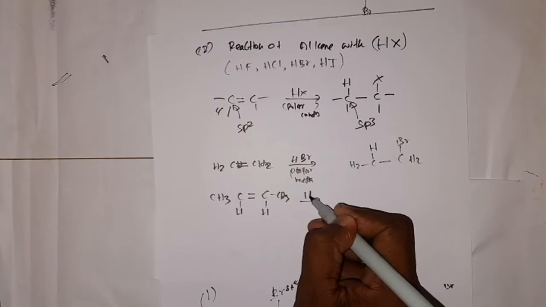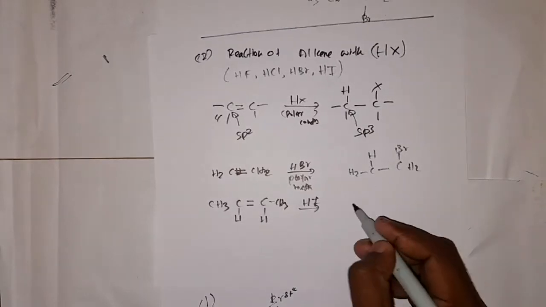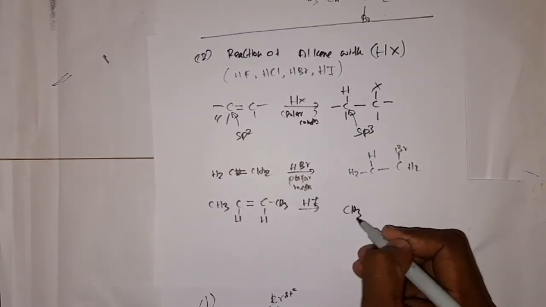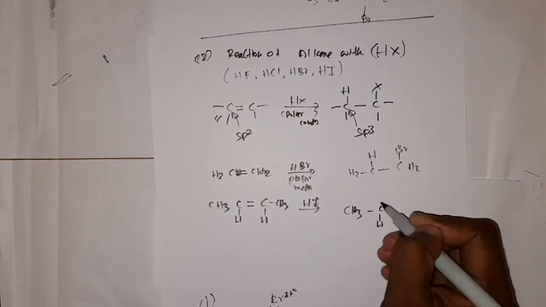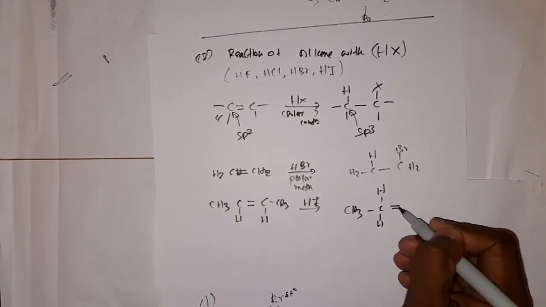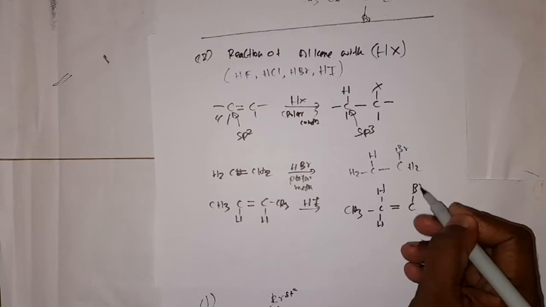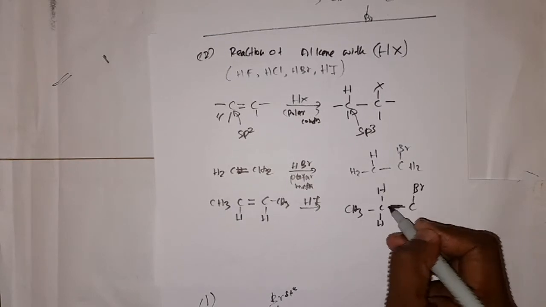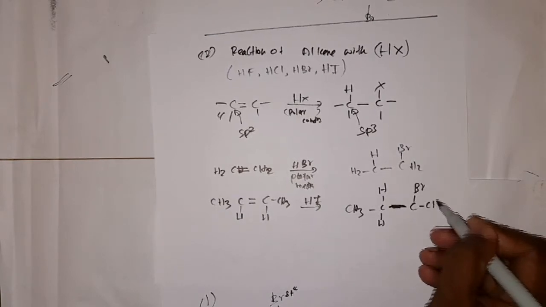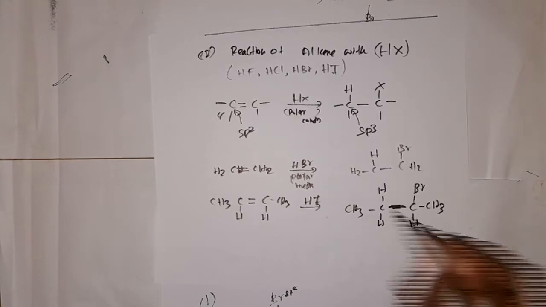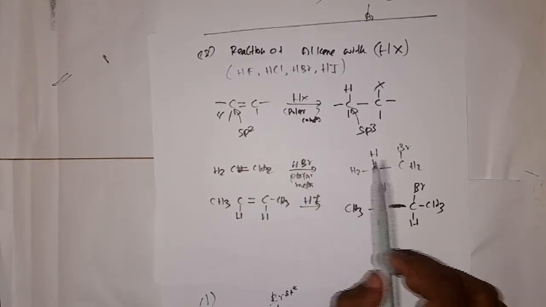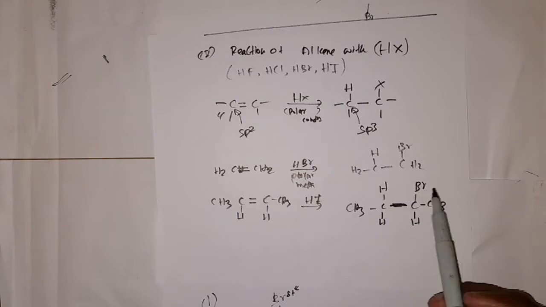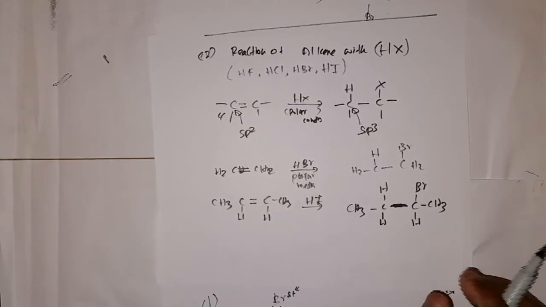Now think about you are going to add HBr, and then the result is CH3 CH single bond, sorry, not double bond, should be single bond, and here CH3 and H. So this is the product. So HBr just adds into these 2 points. Later we will discuss the mechanism.